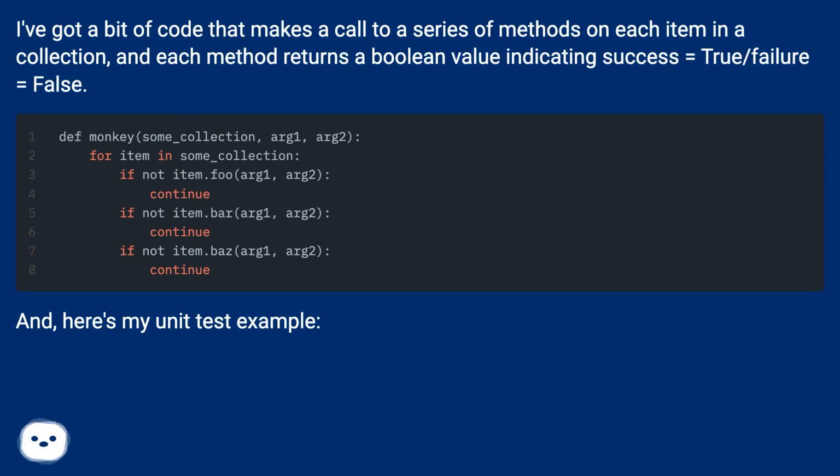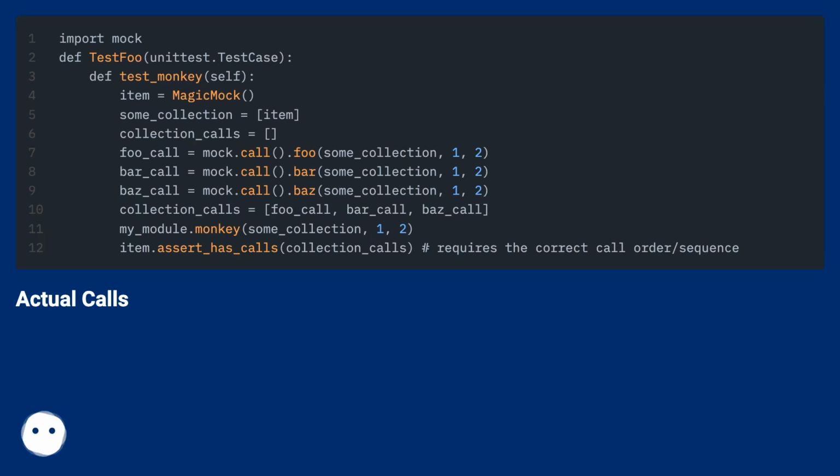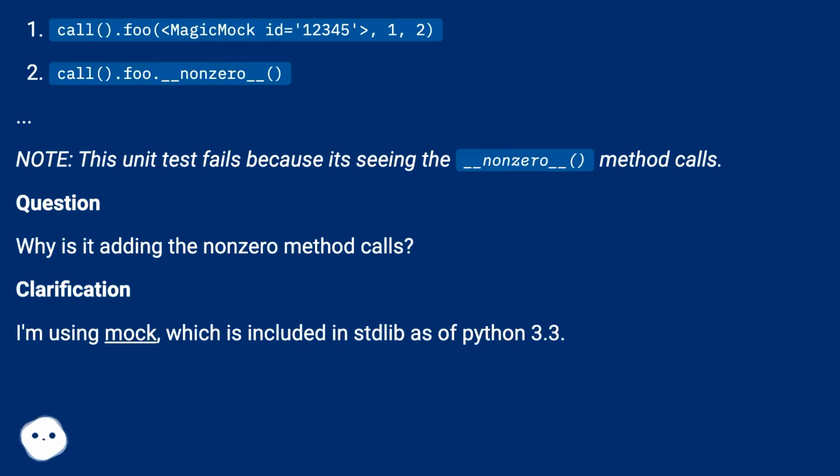And here's my unit test example. Actual calls: call.foo12, call.foo.__nonzero__.